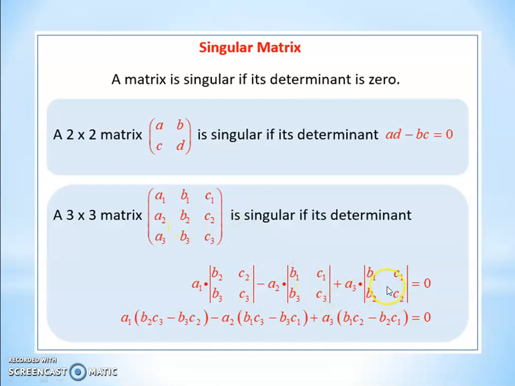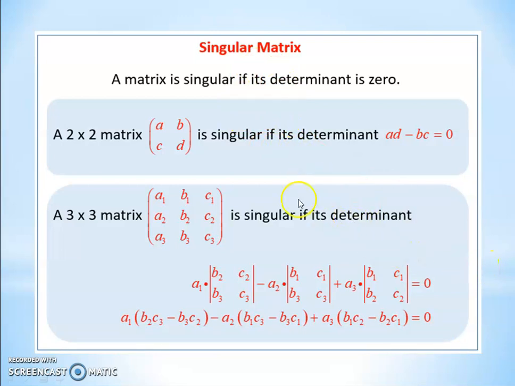So we write A1 times the determinant of B2, C3, B3, C2... that is, A1 remains the same, times B2 C3 minus B3 C2, minus A2 times B1 C3 minus B3 C1, plus A3 times B1 C2 minus B2 C1, is equal to 0. When the determinant value of a 2 by 2 or 3 by 3 matrix is 0, such a matrix is called a singular matrix.